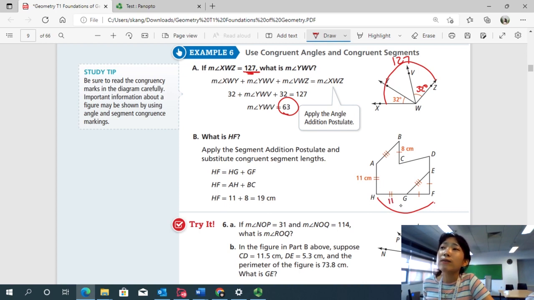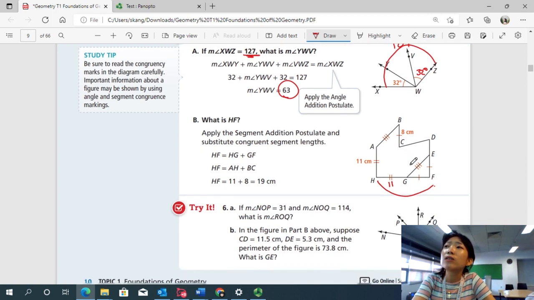So that's also 11 centimeters, plus BC, because you see a tick mark here and a tick mark here. So that means they're congruent, and this is 8 centimeters. So HF is equal to 11 plus 8, which is 19. Okay, so use these properties all together, and you can figure it out.